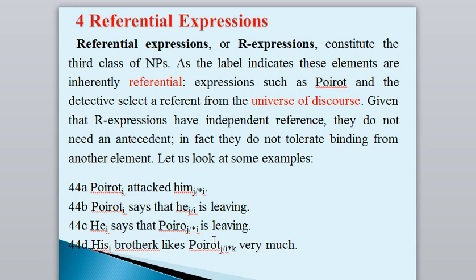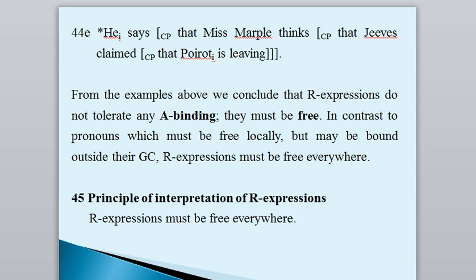Again, this is a referential expression. Poirot cannot come back to "brother" and not to "his". This should be free in this sentence because it comes back to one person in the universe, not to one word in the sentence. So it should be free in any condition.